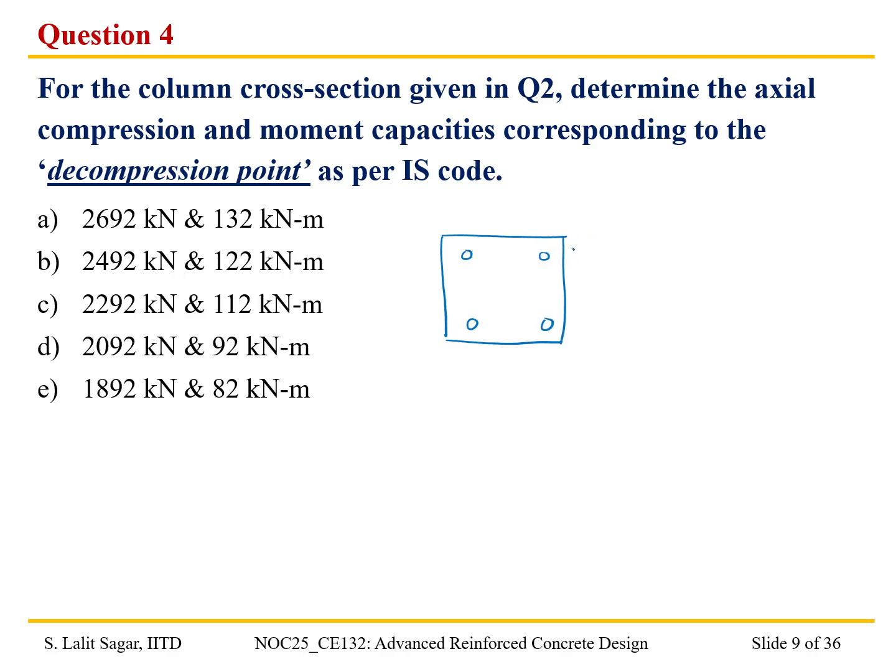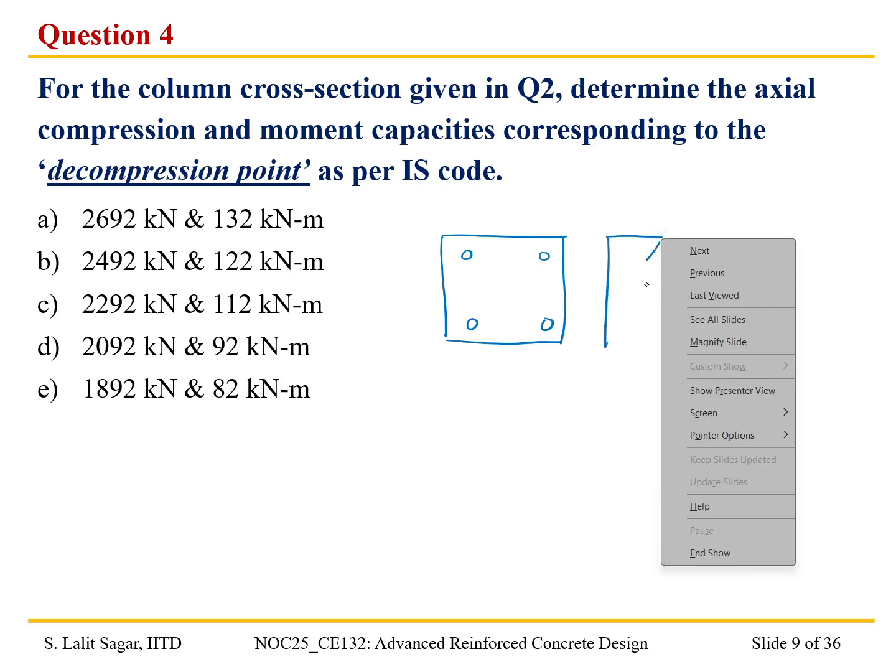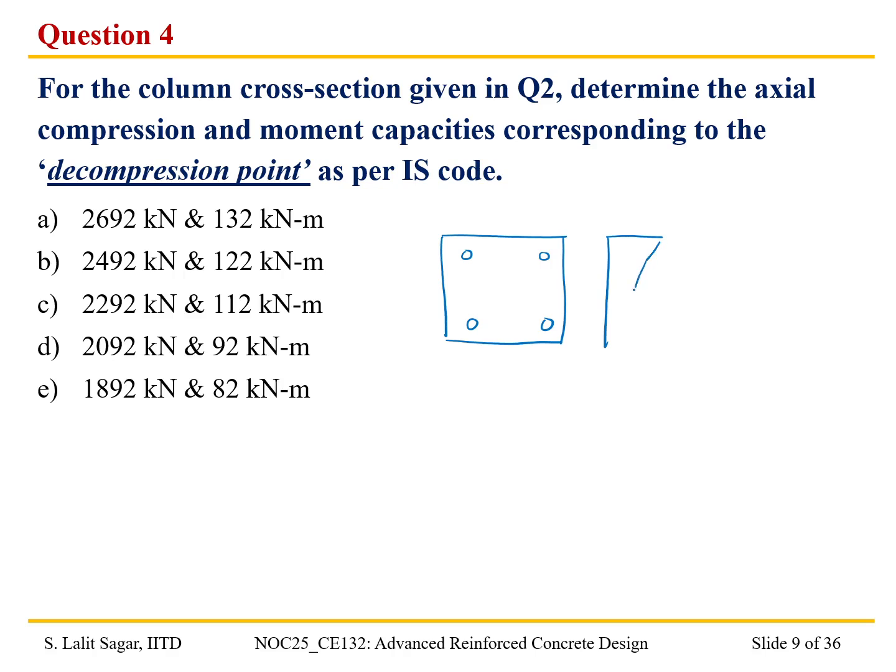Okay, and this will be the strain distribution. The decompression point is the point when the entire cross section is in compression, right? So as we can see here, the bottommost fiber experiences zero stress.